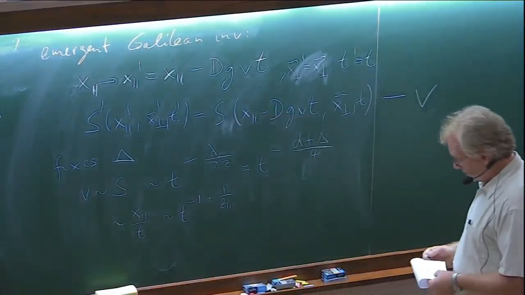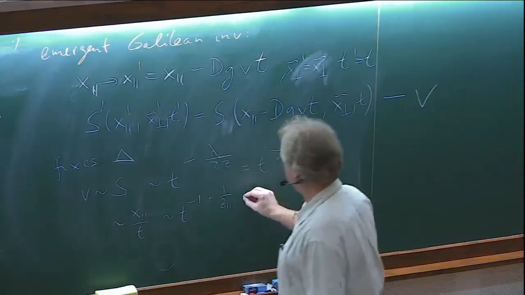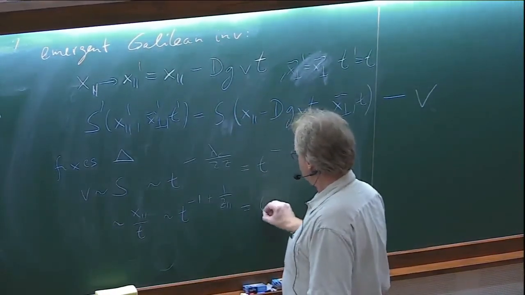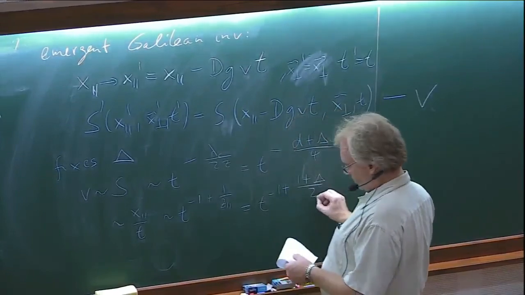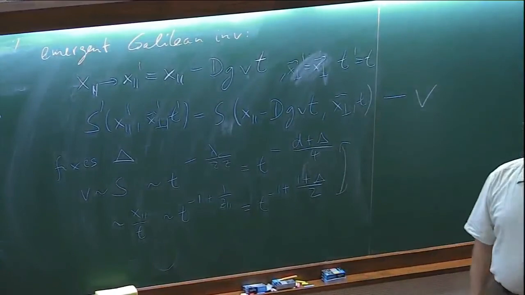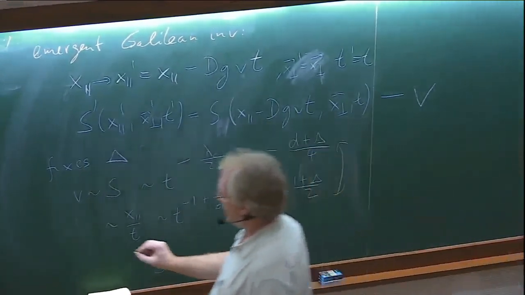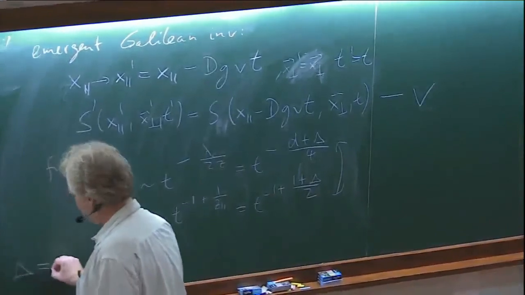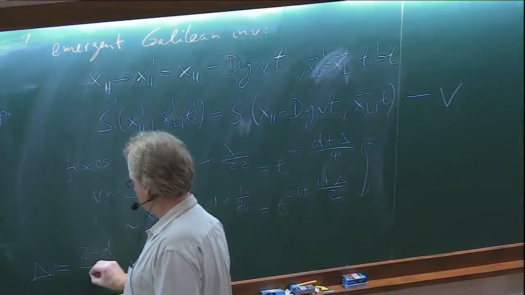But 1 over Z parallel, we just saw, is 1 plus delta over 2. So this is T to the minus 1 plus 1 plus delta over 2. I compare these. The linear equation for delta is a function of dimension. And to make that work, we need to set delta equal to 2 minus D over 3.